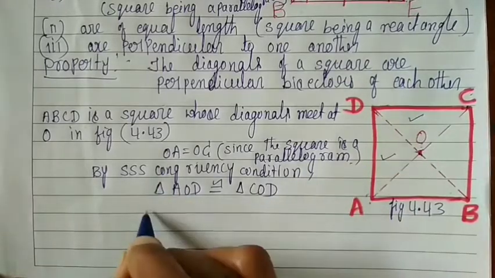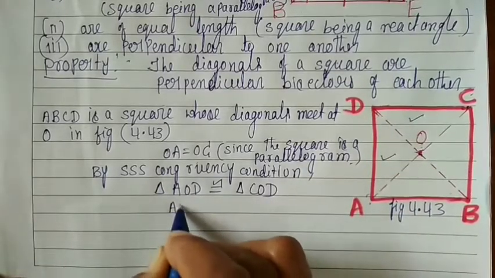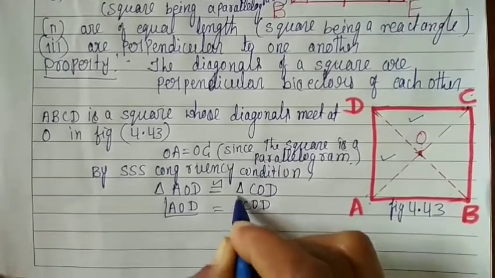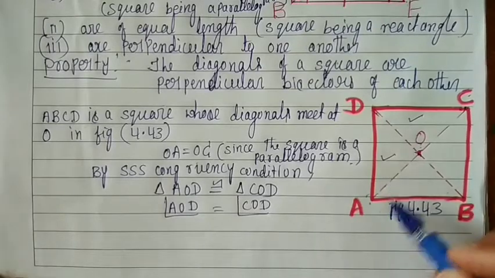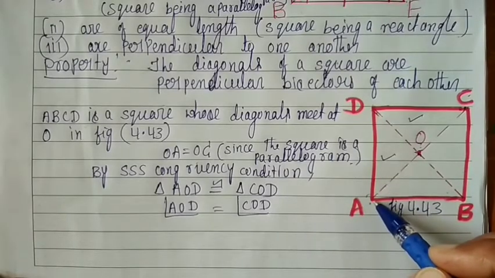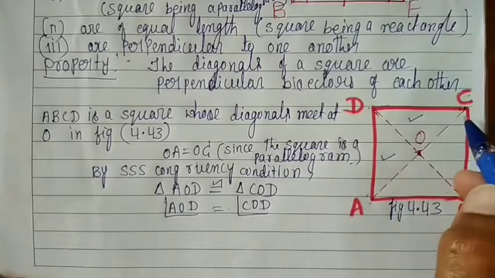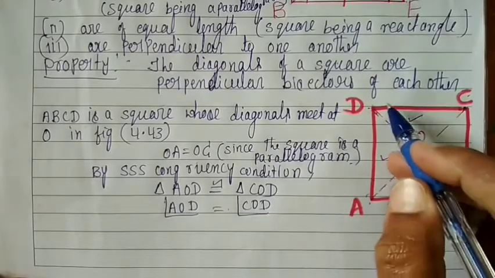So the measure of angle AOD is equal to the measure of angle COD.